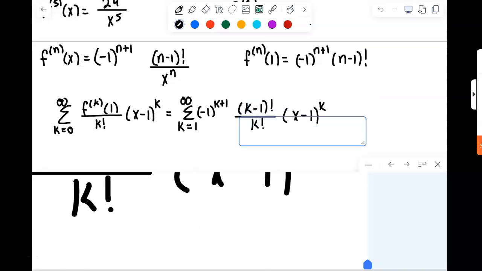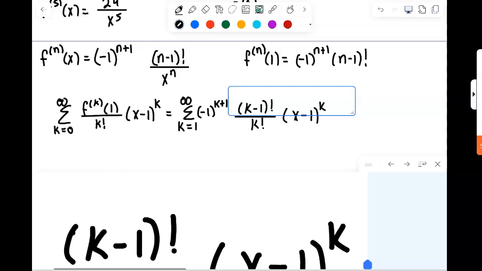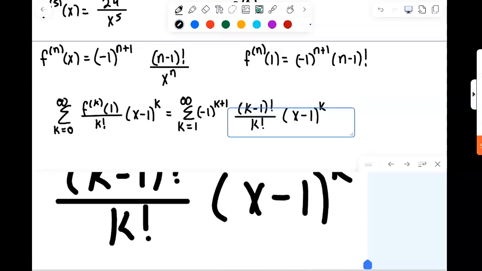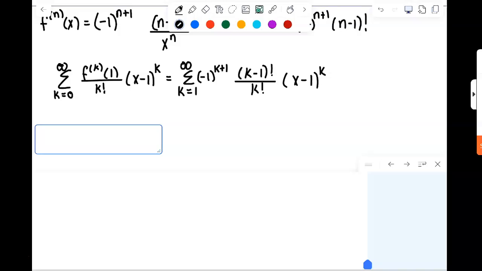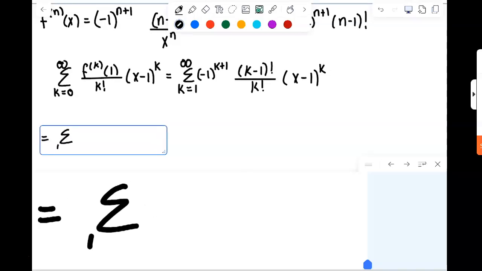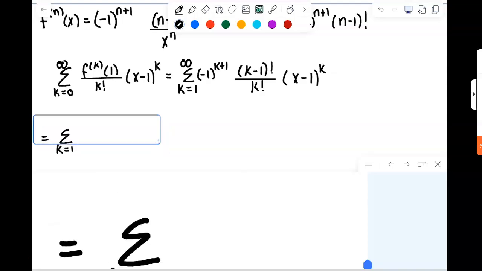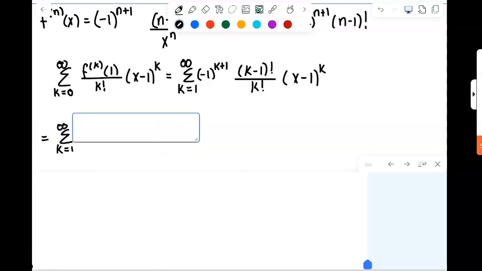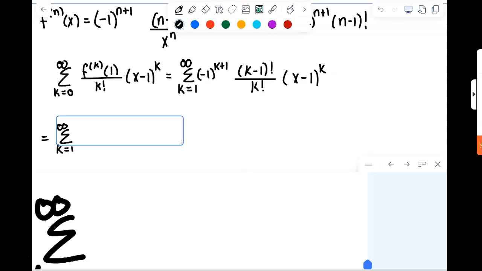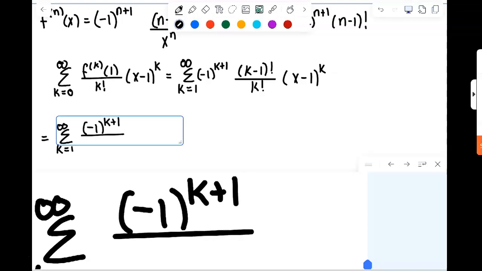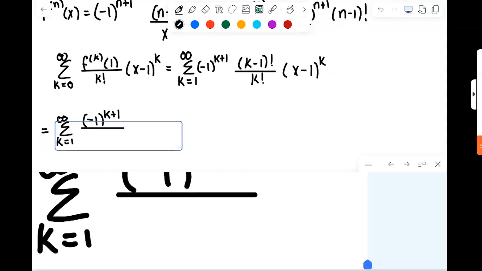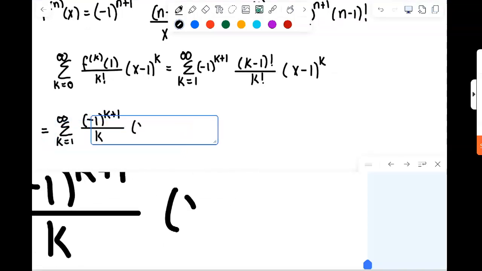And then we simplify, and we realize, well, we have a k minus 1 factorial on the top and a k factorial on the bottom, so everything goes away except for the k in the bottom. We'll get the sum as k goes from 1 to infinity of negative 1 to the k plus 1 over k, x minus 1 to the k.